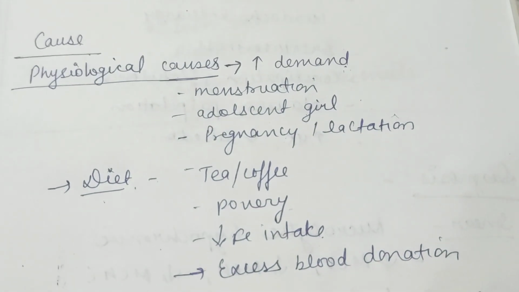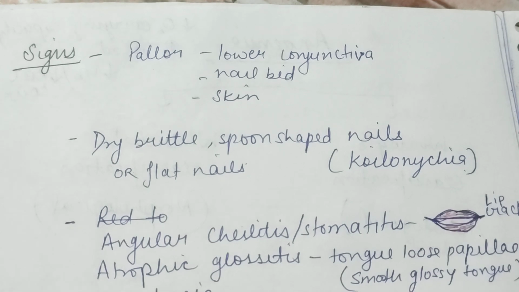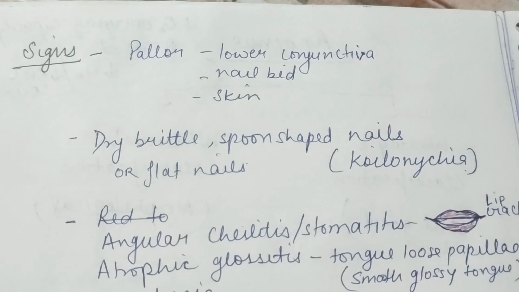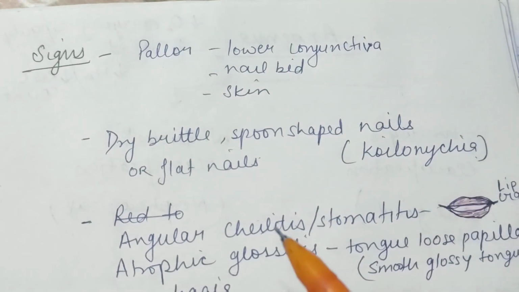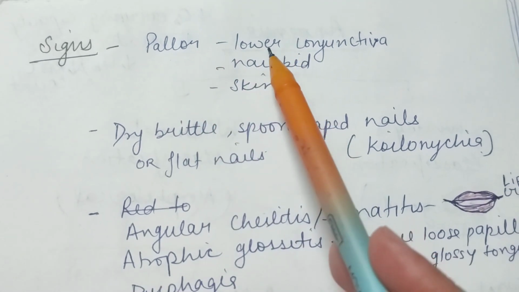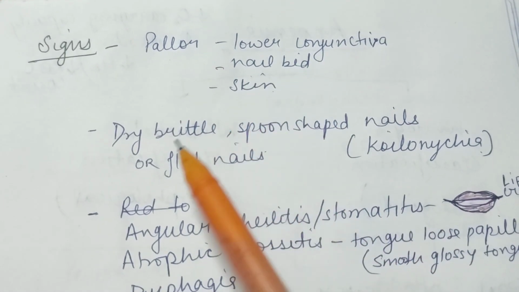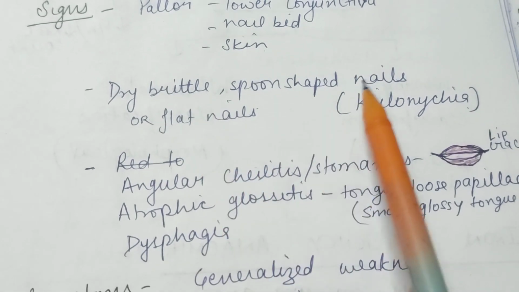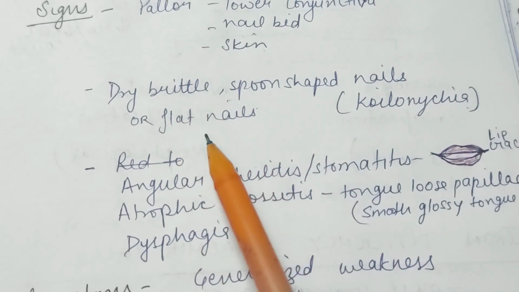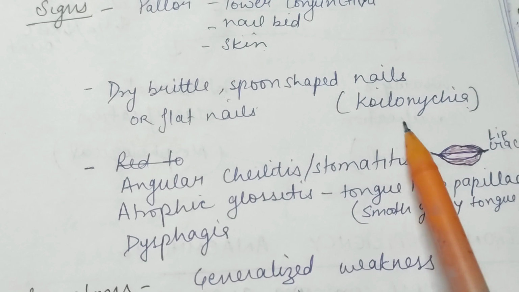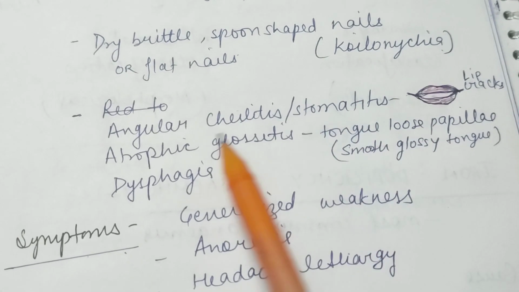These are the causes. This is a very brief video talking about one classification of anemia. So let's see the signs of iron deficiency anemia. So the patient will be paler. You will see pallor in the lower conjunctiva, nail bed and skin. Okay, there will be spoon shaped nails and brittle nails, dry, okay, and flat nails. This is koilonychia, right?